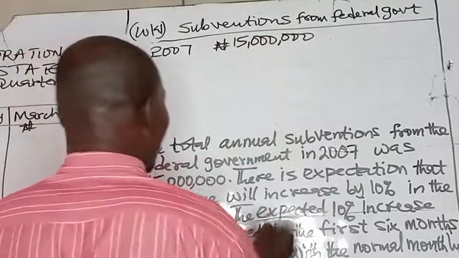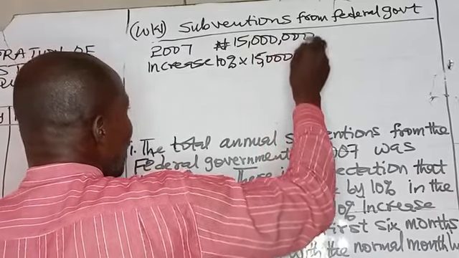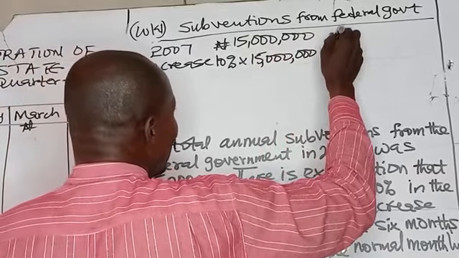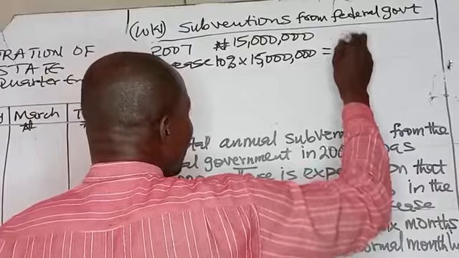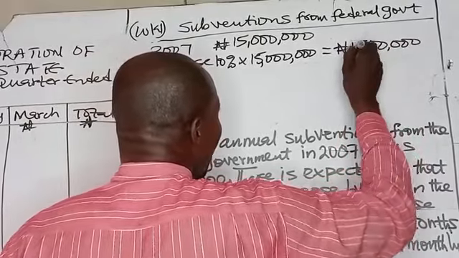There is expectation that this figure will increase by 10% in year 2008. If it increases, it will be 10% of 15 million, and that will be 1.5 million naira. The increase will be 1.5 million naira.